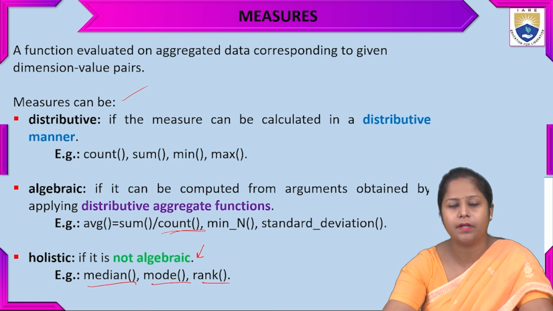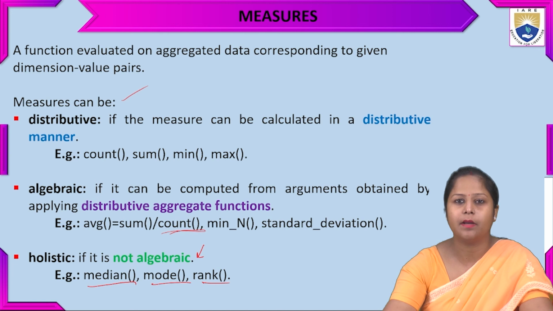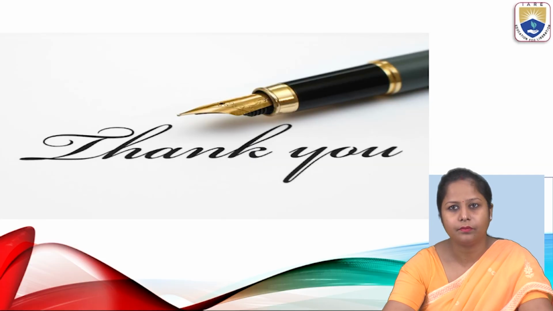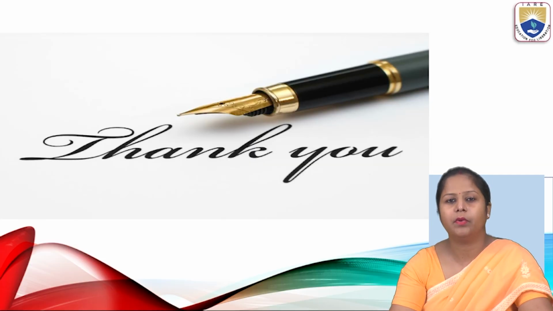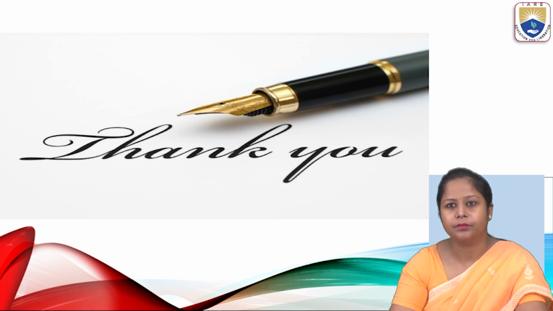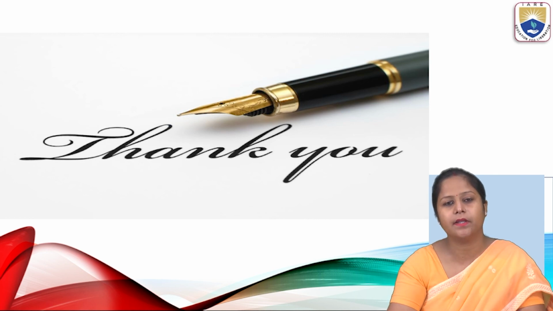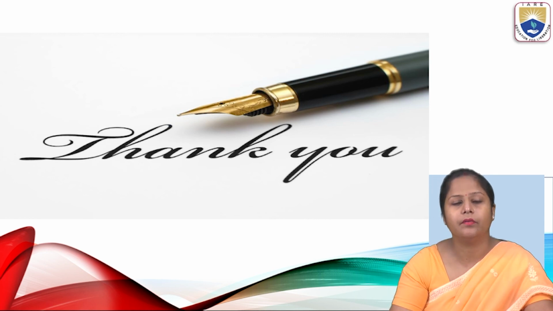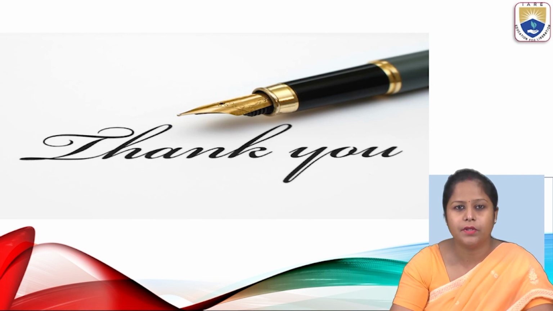What is a measure, what are the different types of measures, and how many types of measures are there, we have covered the examples also. We have completed the different schema definitions, the differences between the star schema, snowflake schema, and fact constellation schema.